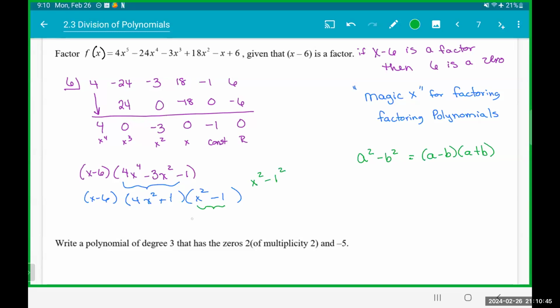So I could factor this as x minus 1, x plus 1. And then we have to keep our previous terms as well. So if we were asked to factor this down as much as we could, that is what that would look like. Okay? Question.